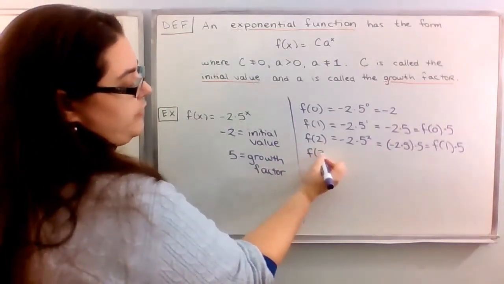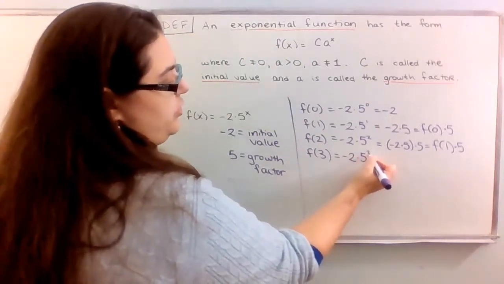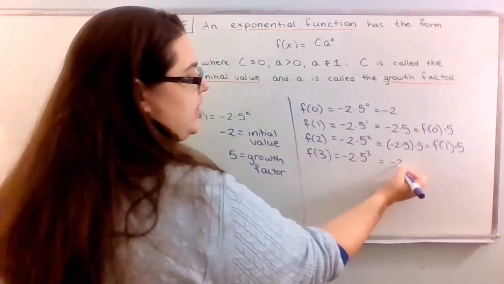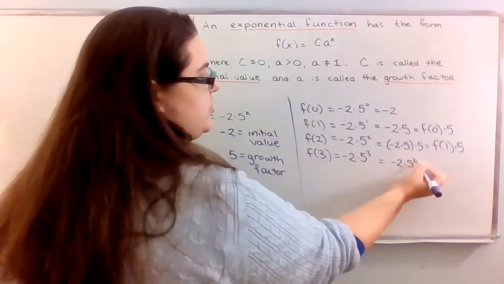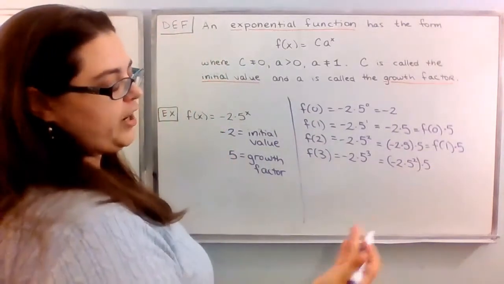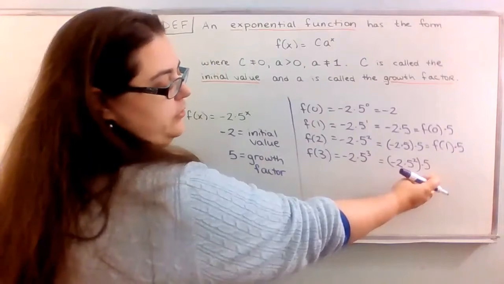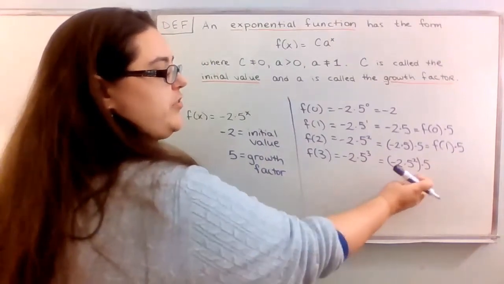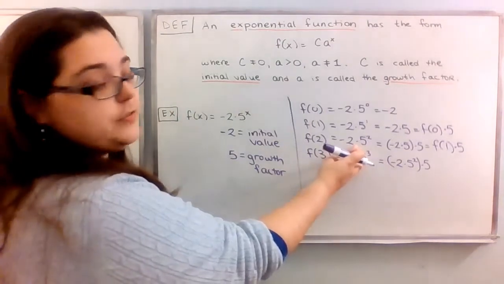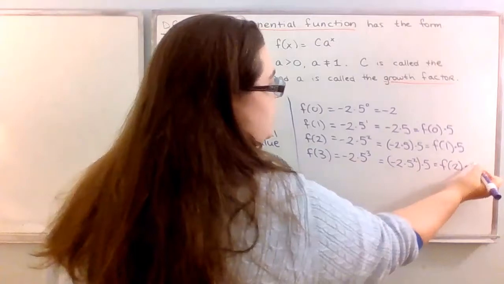So if I have f of 3, that will be -2 times 5 cubed. But that's the same as -2 times 5 squared times 5. Again, I'm just factoring out one of these 5s to be by itself. And -2 times 5 squared is what we got when we initially substituted into f of 2. So this is f of 2 times 5.